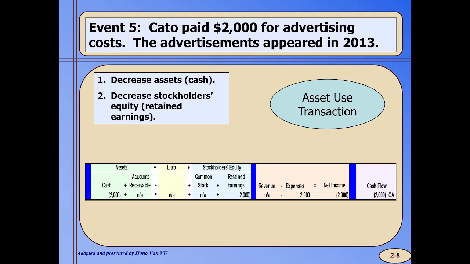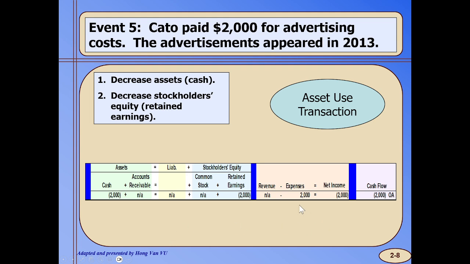The advertising expenses will decrease the net income. The statement of cash flows reports an outflow for operating activity. This is also classified as an asset use transaction.